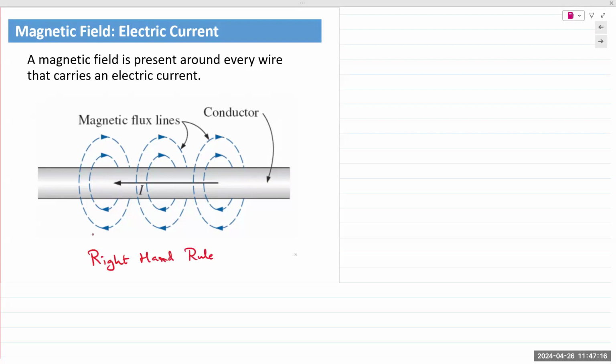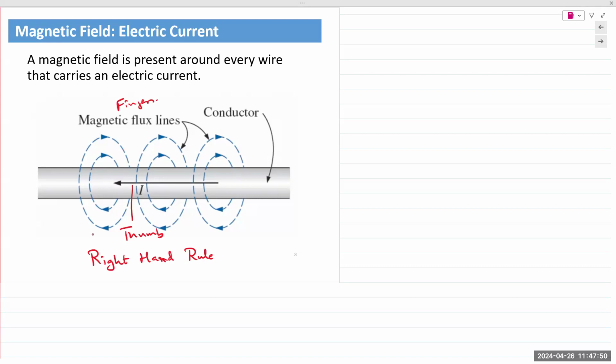So next time you plug a charger or an adapter into your power outlet, if you wrap your palm around that wire and extend the thumb towards the direction of the current, meaning away from the power outlet, your fingers point in the direction of the magnetic flux lines. So the current would be the thumb, and the magnetic flux lines would be the finger direction.